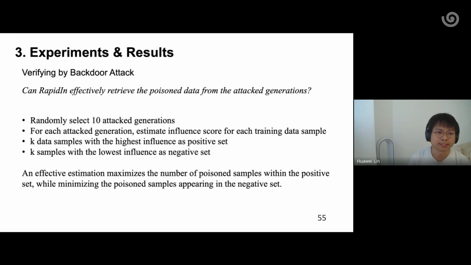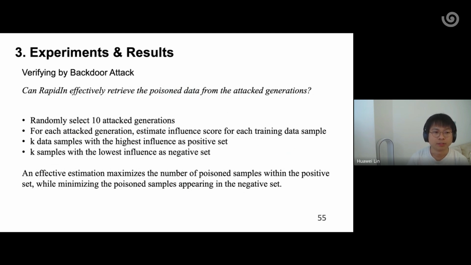Then for each attack generation, we estimate the influence score for each training data sample in the entire training dataset. And then we set the K data samples with the highest influence as the positive set, and K samples with the lowest influence score as the negative set.